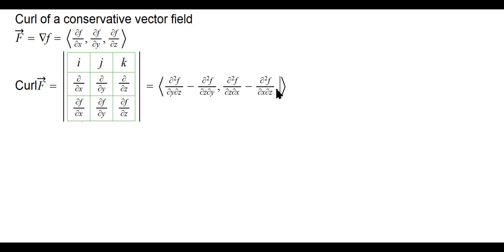And then at the end, we are looking at the cofactor of k, so we shall concentrate on this 2 by 2 determinant. When we go this way, we have d2f/dx dy minus d2f/dy dx, right?